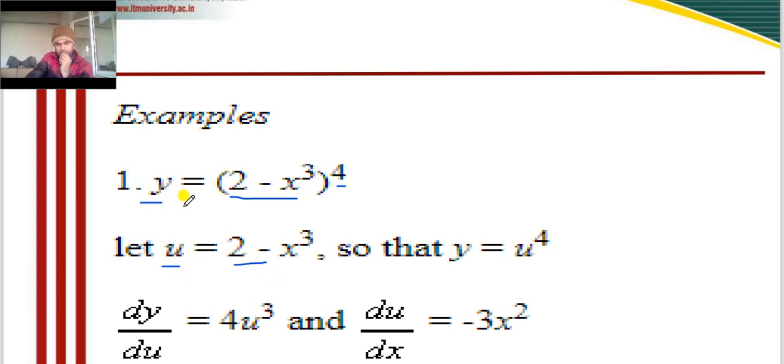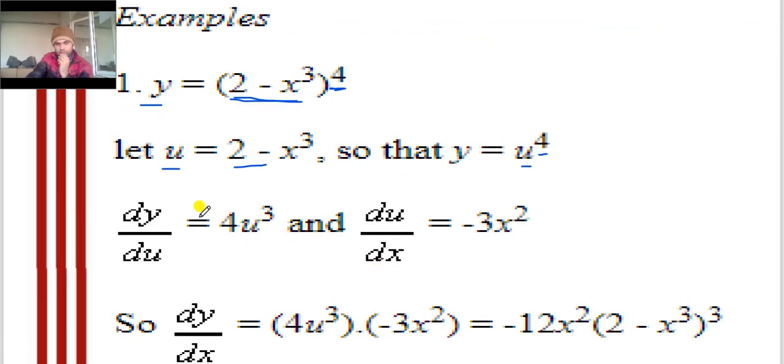Now your function y becomes u to the power 4. Then we find dy by du, differentiating y with respect to u. It becomes n u to the power n minus 1, so 4 comes in front and u to the power 4 minus 1, that is 3.